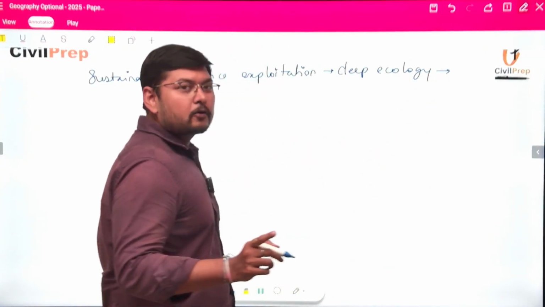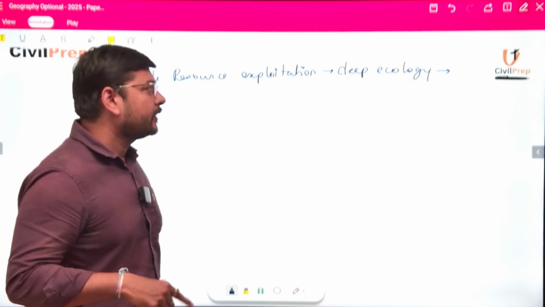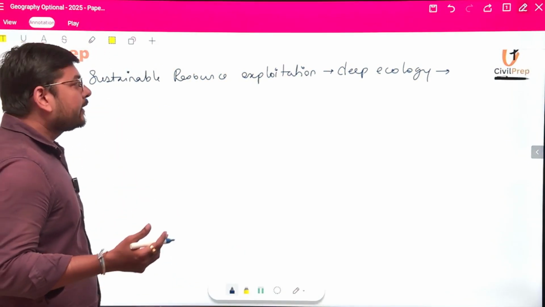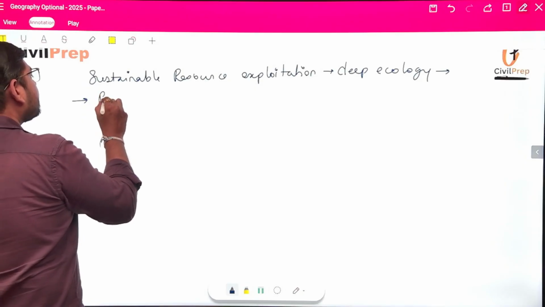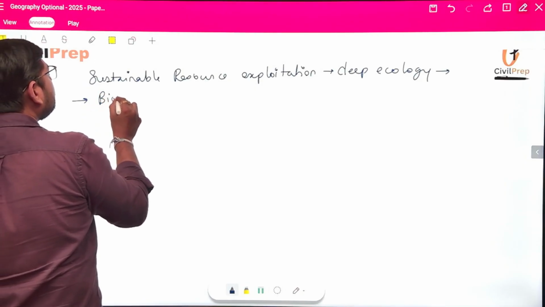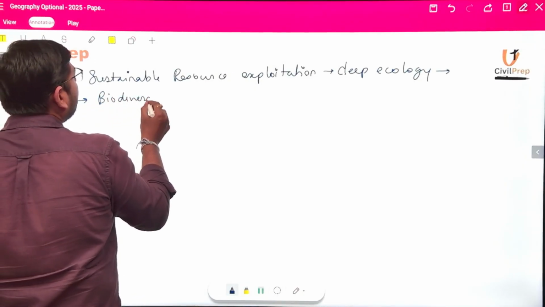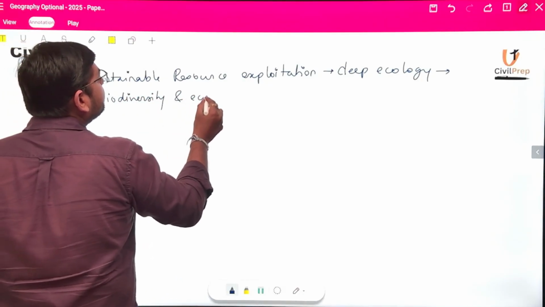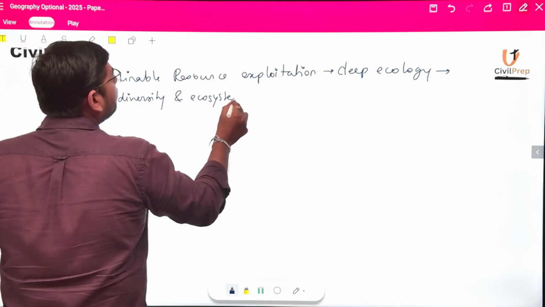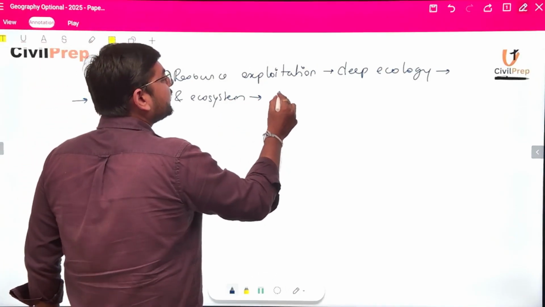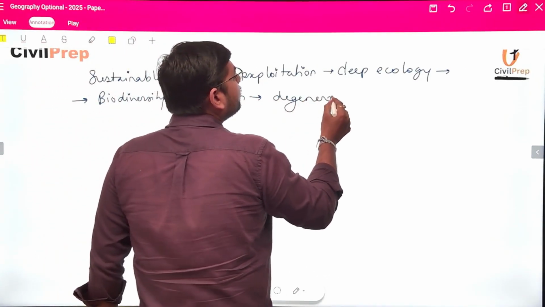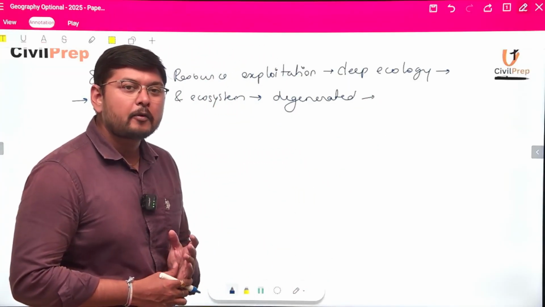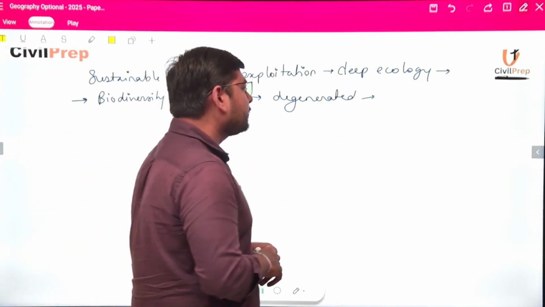Here we are not looking for commodification, but for the sustainable extraction of resources, where the biodiversity and the ecosystem are not degenerated.